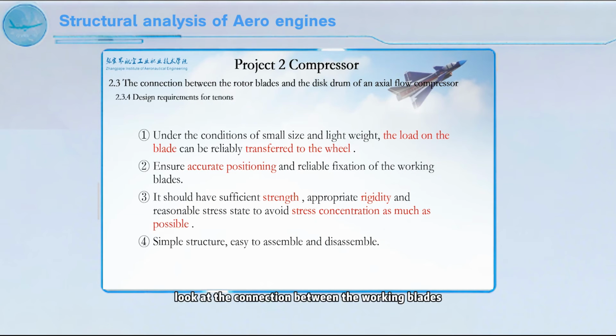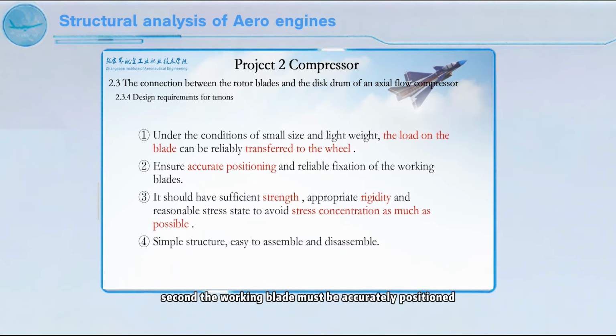Next, let's look at the connection between the working blades and the impeller drum. The working blades of the compressor are generally connected to the impeller through the tenon. Therefore, the design of the tenon mainly has the following requirements. First, the load on the blade body must be reliably transferred to the impeller under the conditions of small size and light weight.